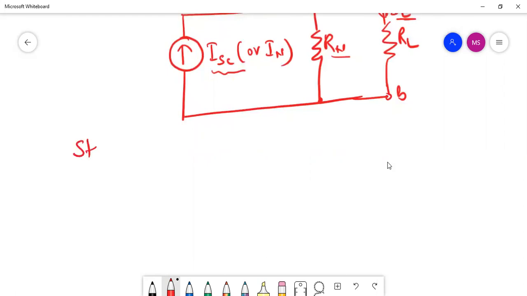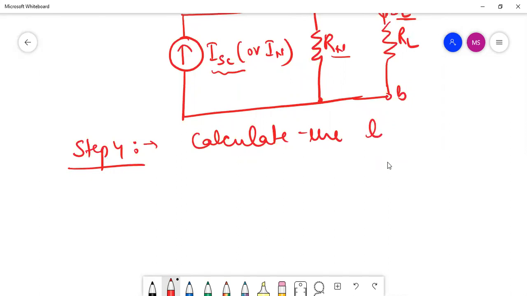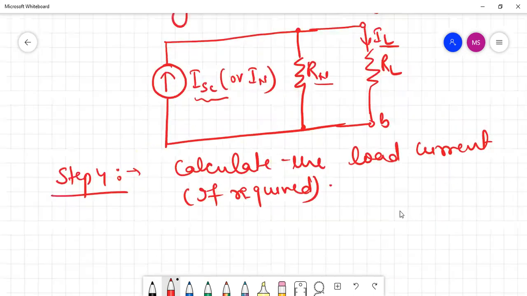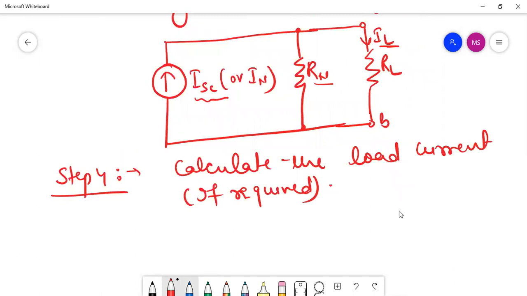So in step 4, calculate the load current if required. How will we find the load current here? Let us say this is some junction X. When the current ISC comes to this junction X, it will divide into two parts, let us say I dash and IL.